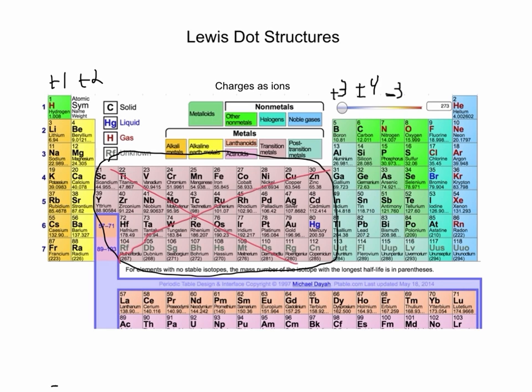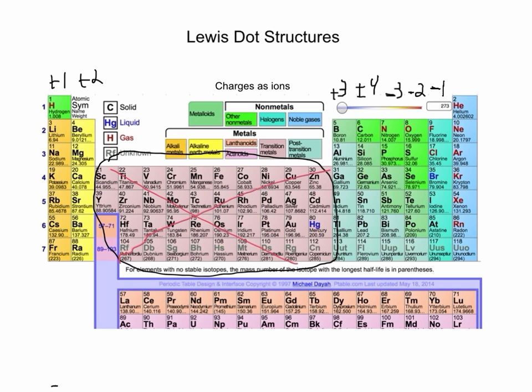The next column, these all have 6 valence electrons, so they're likely to gain 2 electrons to have a complete octet, so these will have a negative 2 charge. And in this column here, the halogens, these have 7 valence electrons. They're likely to gain 1, so these will have a negative 1 charge.